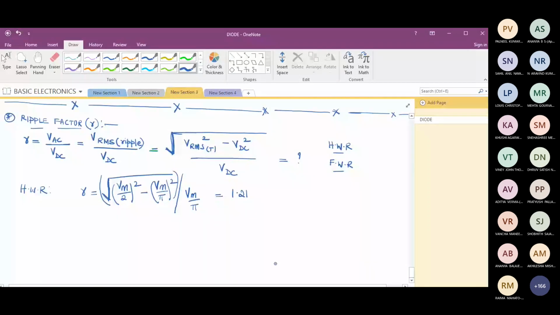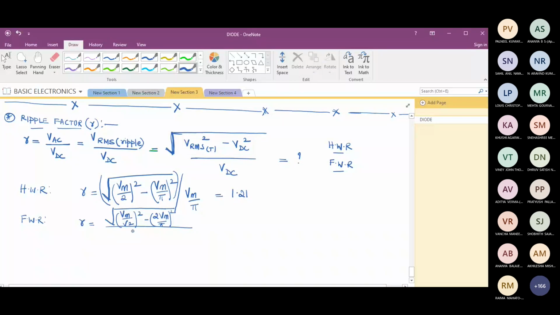And in case of full wave rectifier, if you solve this again, let me write it. Your numerator part will be Vm by root 2 whole square, the VRMS value, and VDC will be 2 Vm by pi, whole square, divided by VDC again, 2 Vm by pi.